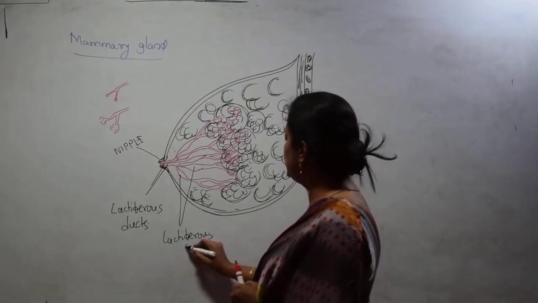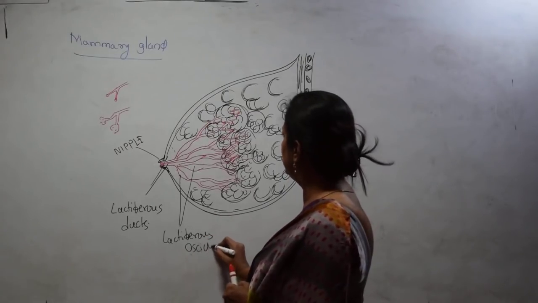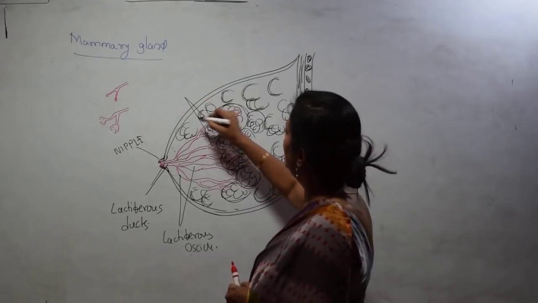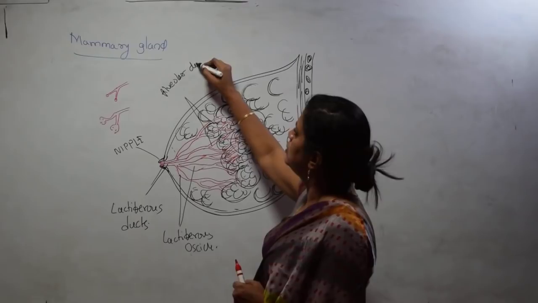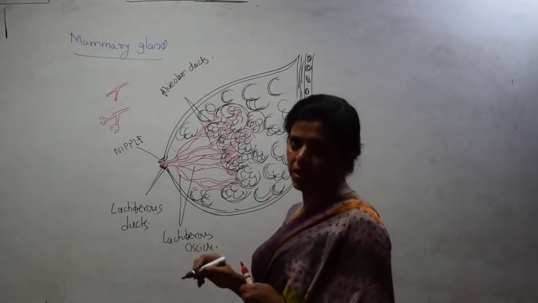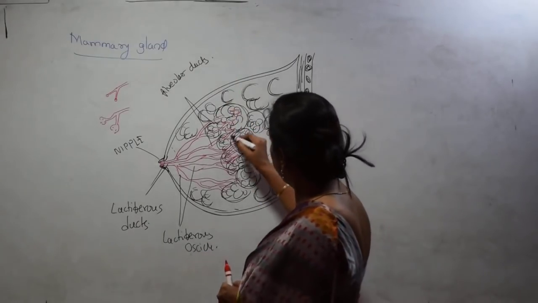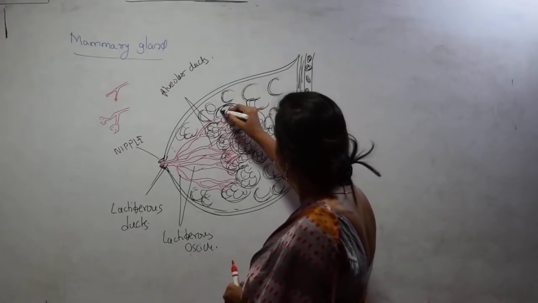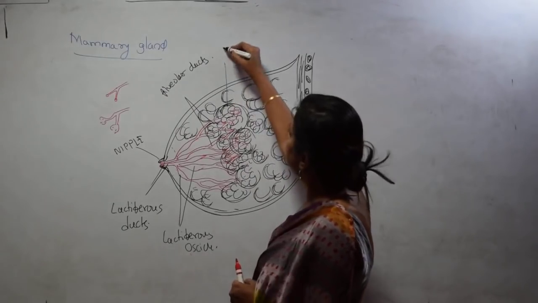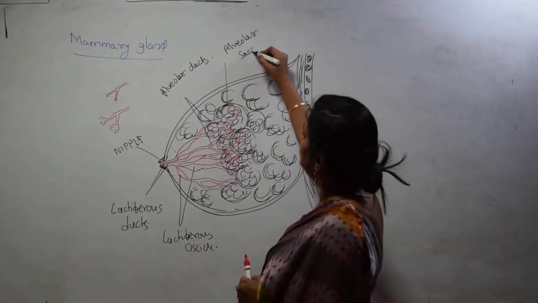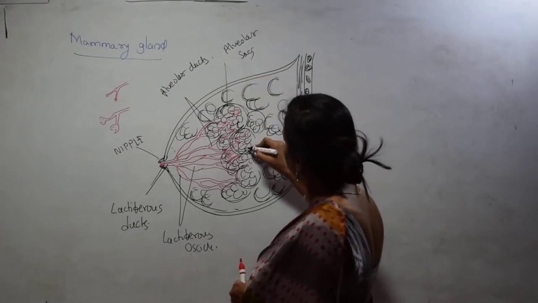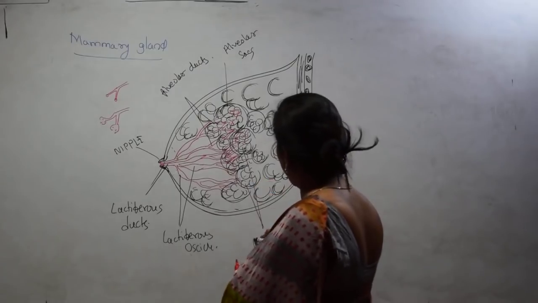I told you, ossicles. These are the alveolar ducts or mammary ducts, and these are the alveolar sacs. And each one is the alveoli. In each one, this is an alveolus.